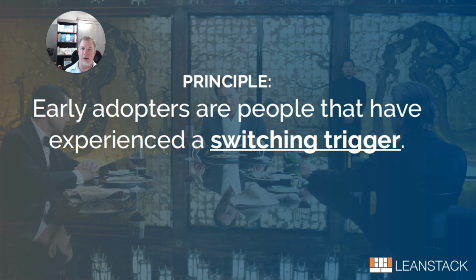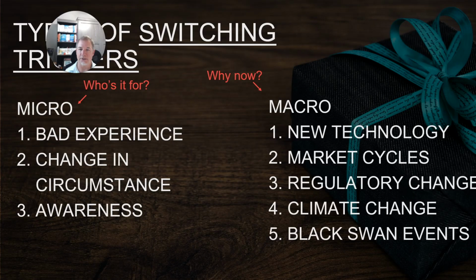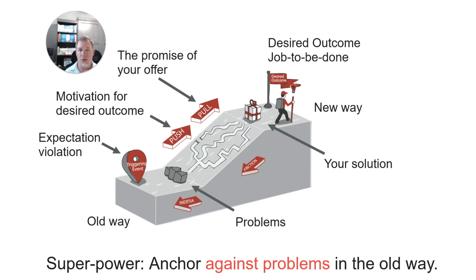Remember, we talked about early adopters are people that have experienced a switching trigger. Again, this is important to go back to our slide from last week. Who are these people? What's changed? Maybe it is a micro event like an experience or a circumstance, or a macro event like COVID that made us all change how we work, go online, Zoom, etc. So think about the customer forces model that we used last week.